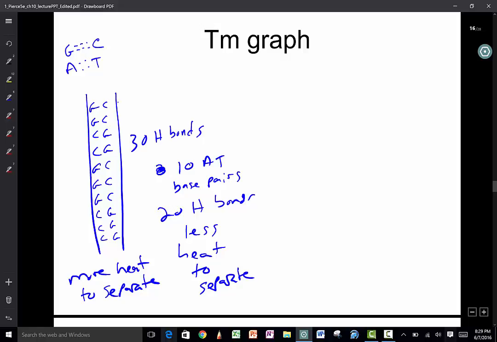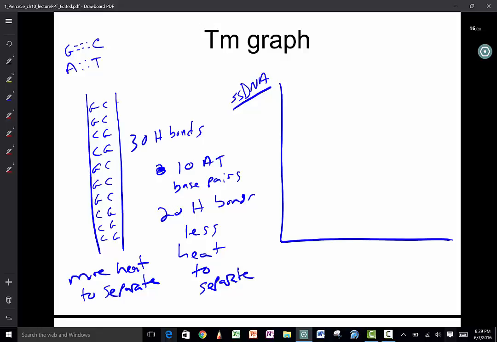So we can illustrate that idea with a simple graph where we're going to measure, on the x-axis, single-stranded DNA. You can use UV absorbance using a spectrophotometer at a certain wavelength where single-stranded DNA will absorb that wavelength of light and double-stranded DNA won't.